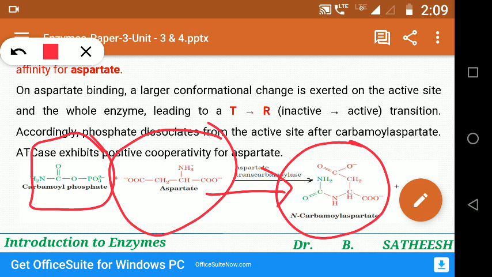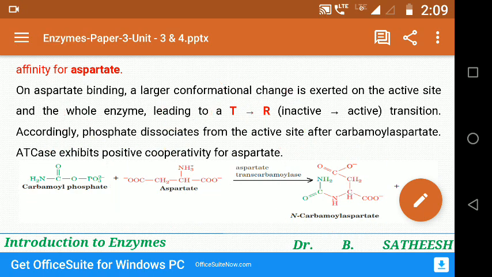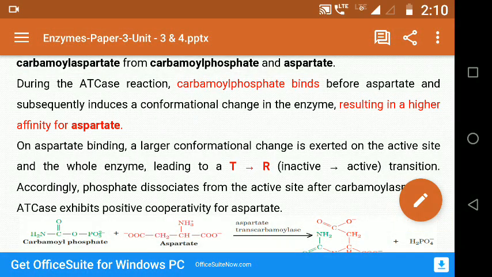ATCase is an allosteric enzyme which has both a T form and an R form, the tense form and the relaxed form, which is the active form that binds to the substrate. Here we have two substrates: substrate 1 is carbamyl phosphate and substrate 2 is aspartate.